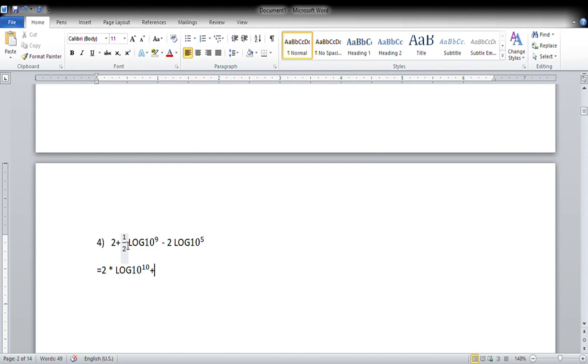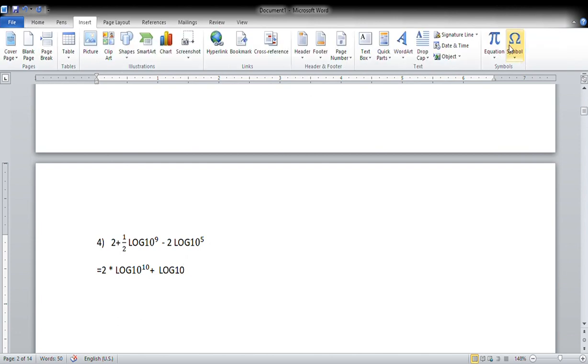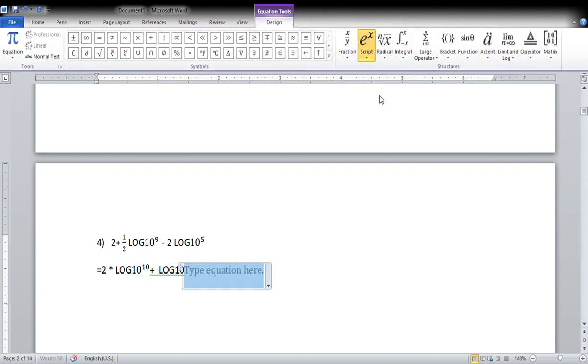If there is a number present in front, it will come to the power side. So simply you can write it as log 10, right? We can write it as log 10 9.